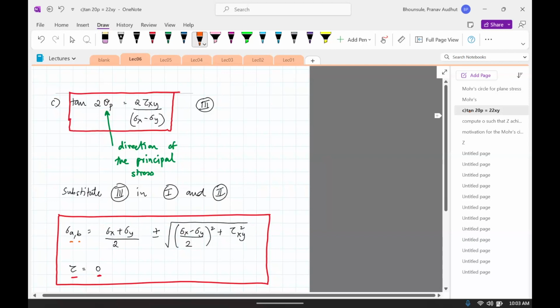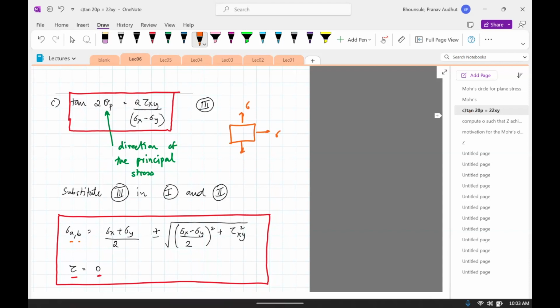So this is the angle made between sigma x, sigma y, and another plane where the principal stress is sigma A, sigma B, and 0 for the shear stress. So it's basically the angle by which you need to rotate this, theta.